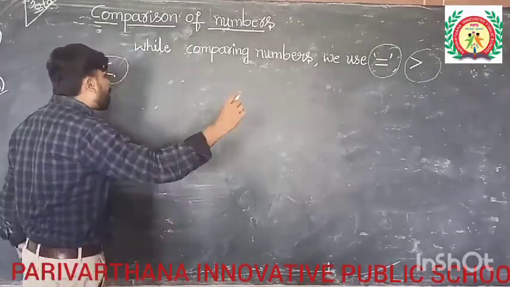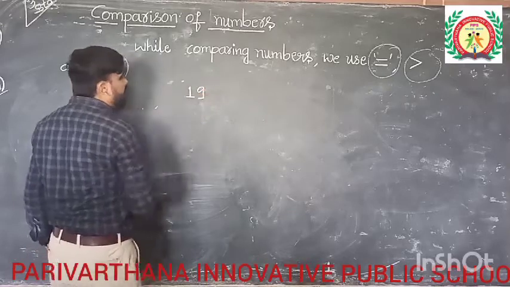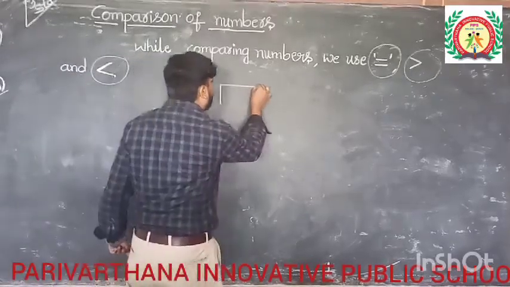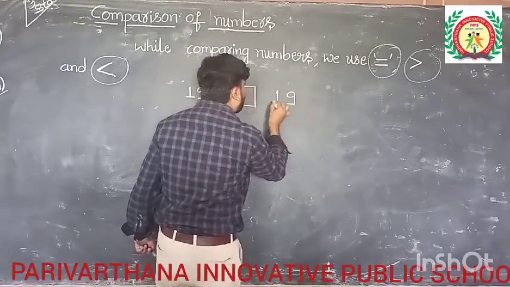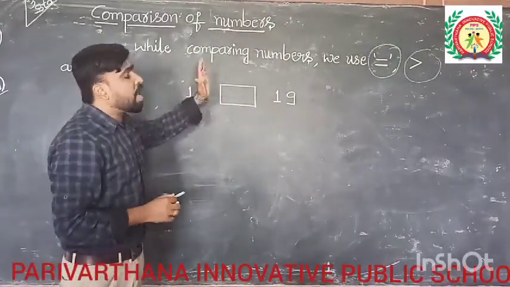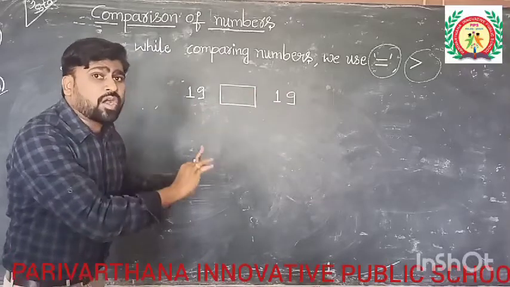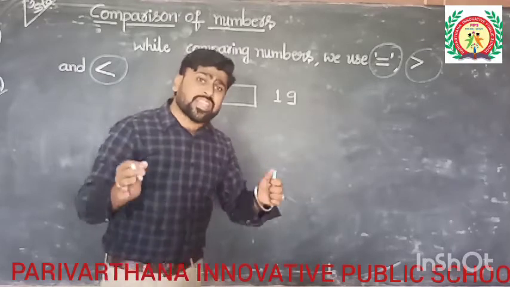For example, I am going to compare with the number 19. This is a 2-digit number. One box is 19, and the other is also 19. Both the numbers are the same.